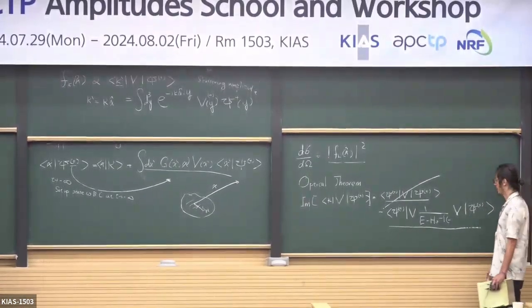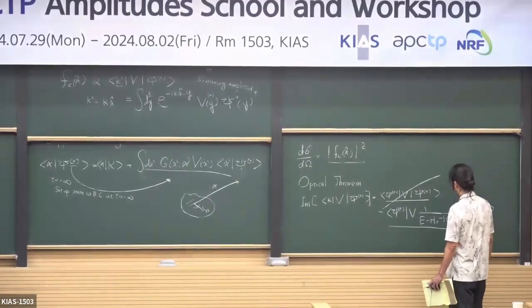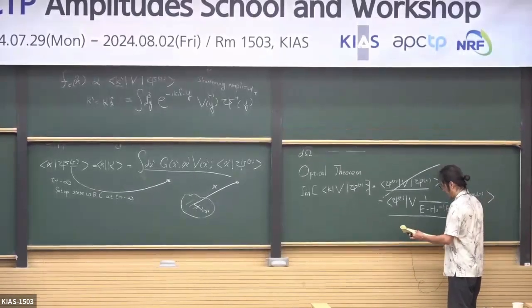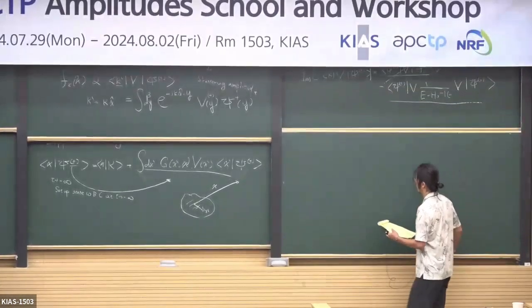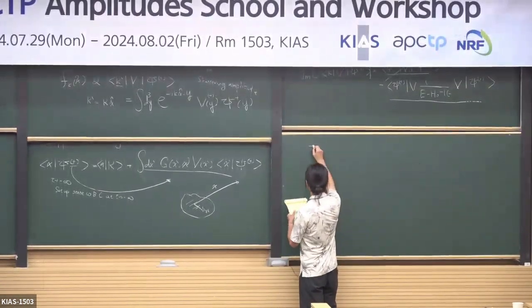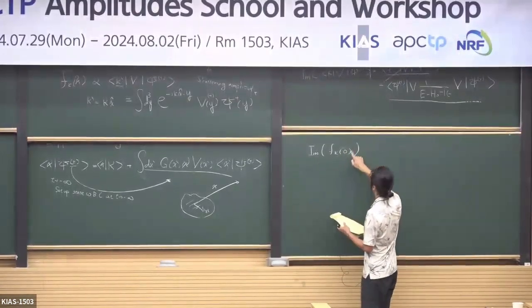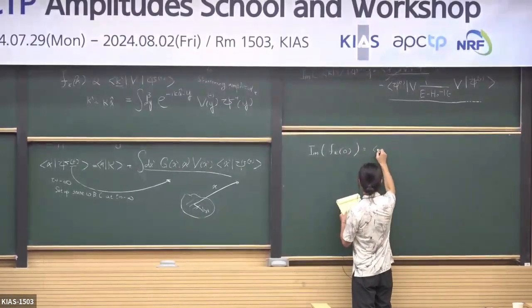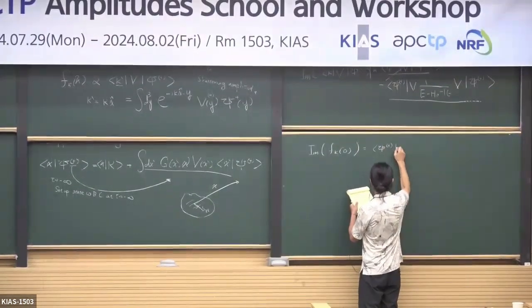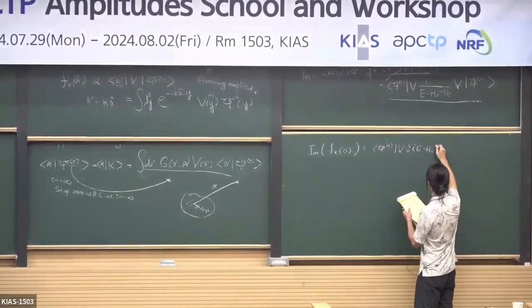To get the imaginary part, you can think of this as an integral over E. From that you can see that the imaginary part of k0, because this is the forward limit where the k's are aligned, is going to be coming from the residue of E minus H naught, which comes from the i epsilon part.